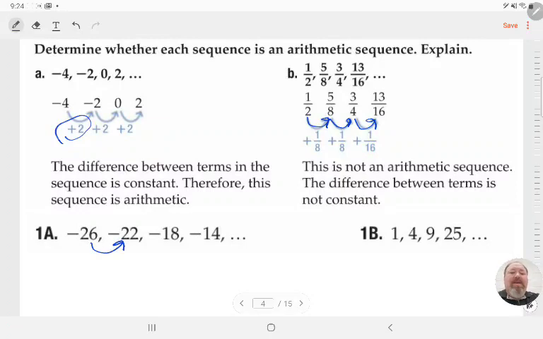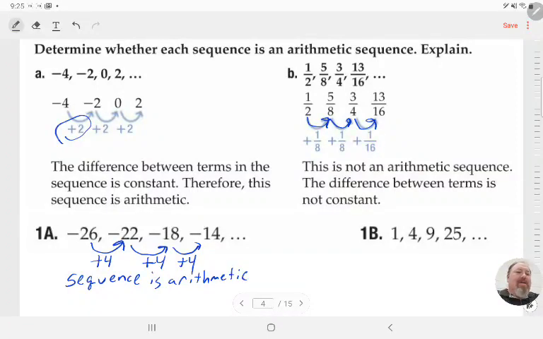So when we go from -26 to -22, we are actually increasing by 4. From -22 to -18, we are actually increasing by 4. And then again, from -18 to -14, we're increasing by 4. And since we are increasing by the same amount, this sequence is arithmetic.